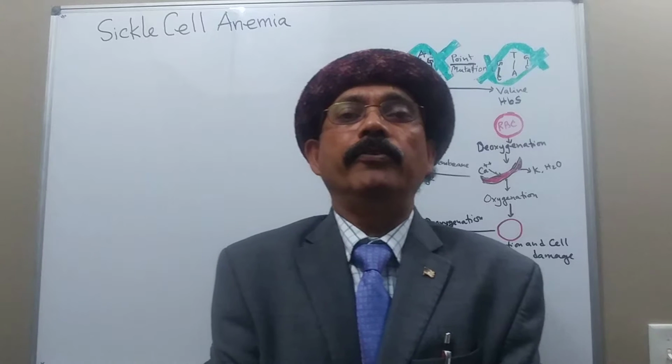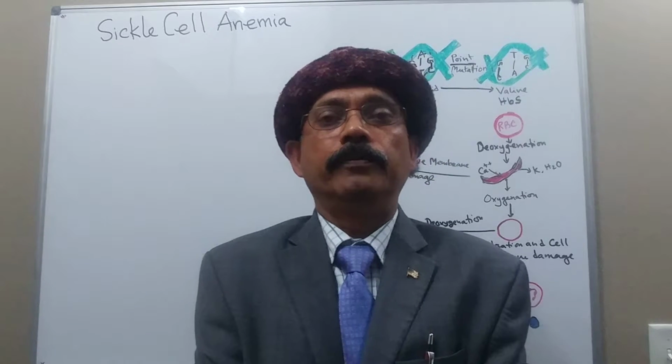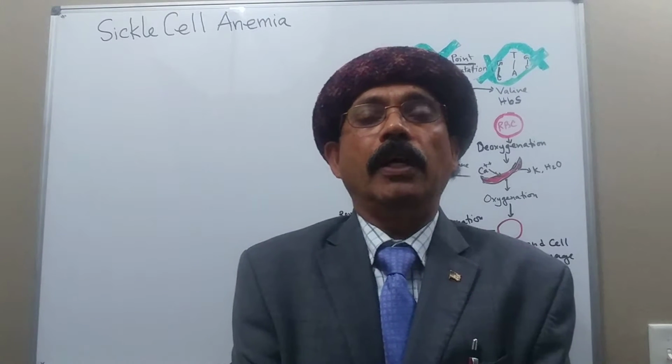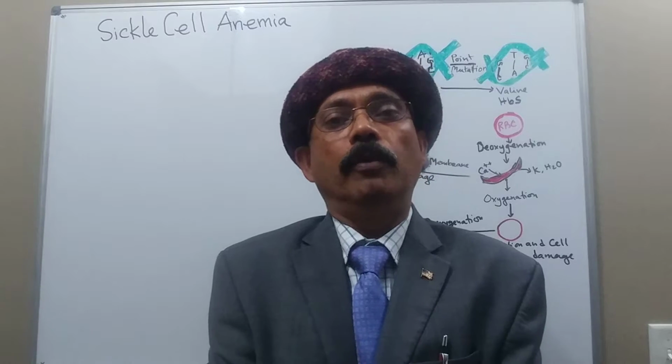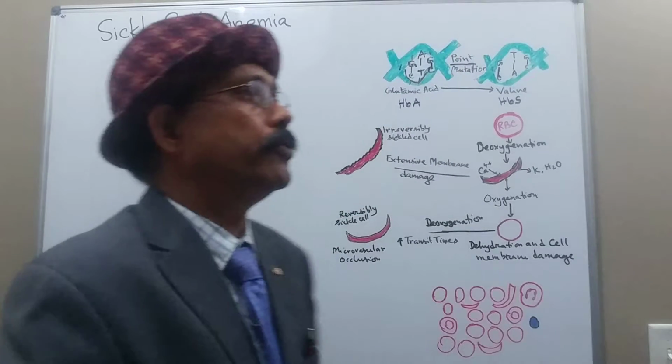Sickle cell disease is a hereditary disorder with abnormal production of hemoglobin as well as abnormal shape of the RBC.